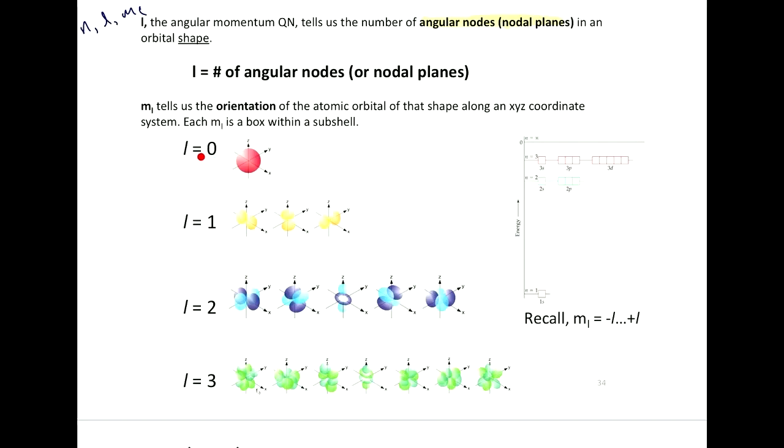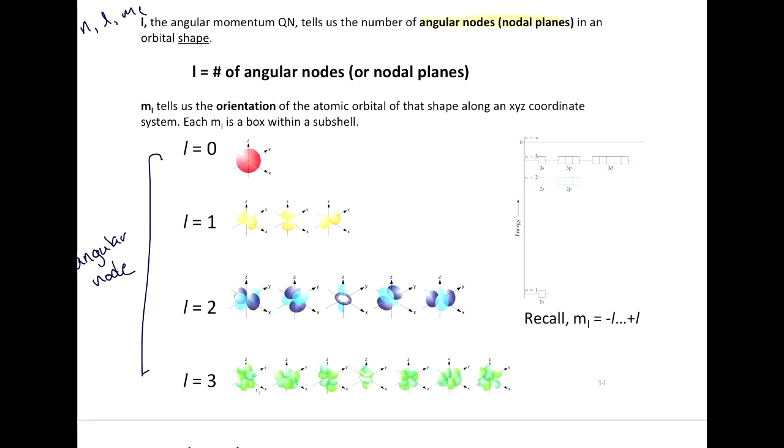So for example, L equals 0, there are 0 angular nodes, so how many times do we twist our balloon animal? 0 times, so that's why it's a perfect sphere. But L equals 1 has one angular node. Remember, all of these L's are angular nodes. With L equals 1, we twist the balloon animal once.